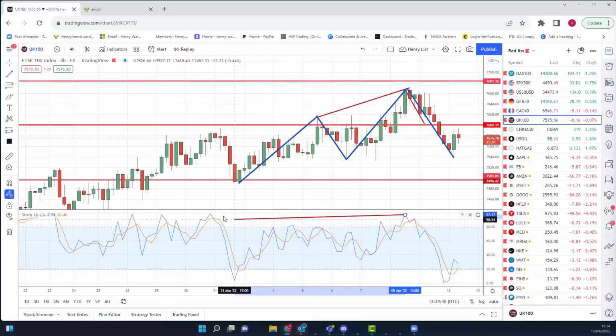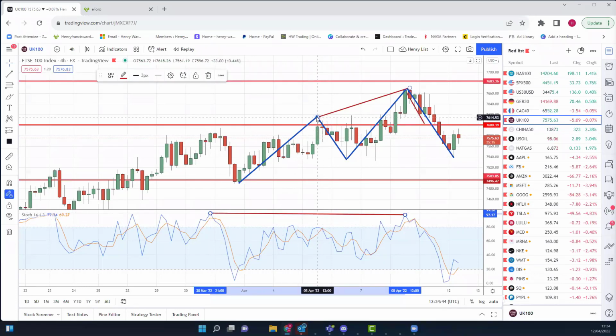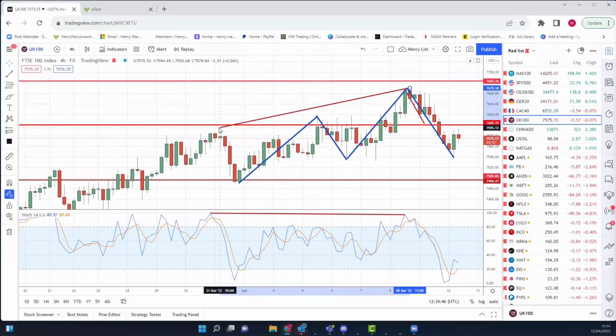Now, what we could potentially say is that, because we are jumping the last, this here is the last high. This is called hidden divergence. So when we're jumping the last cycle, it's called hidden divergence because most people don't look at it. So there is a little bit of divergence here, but hidden divergence.